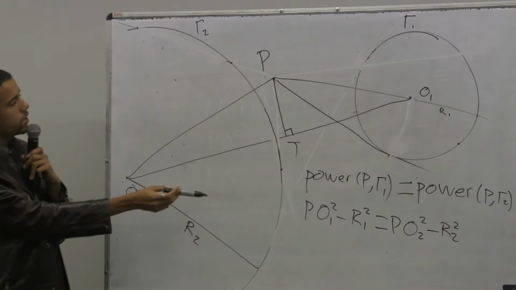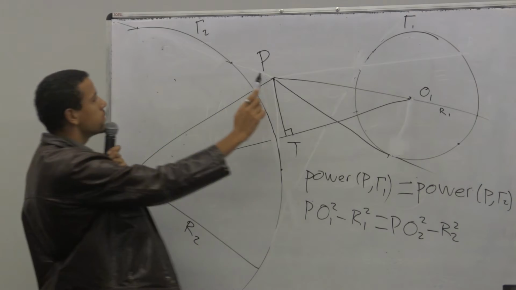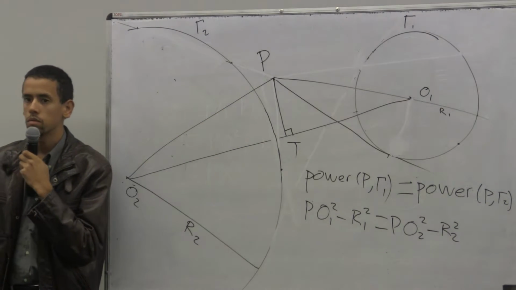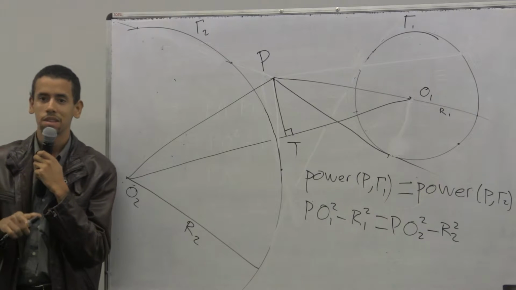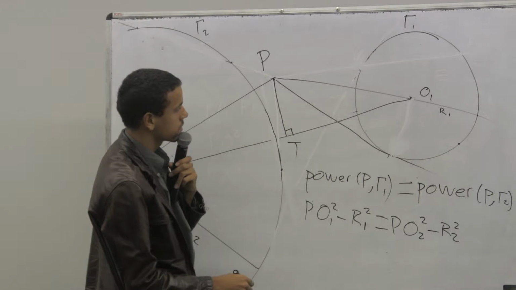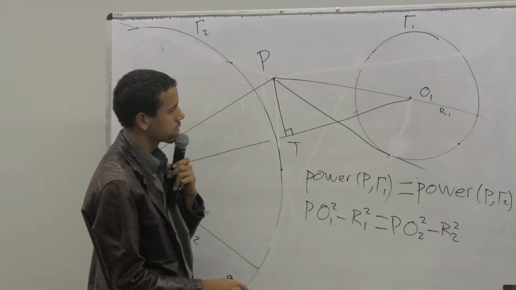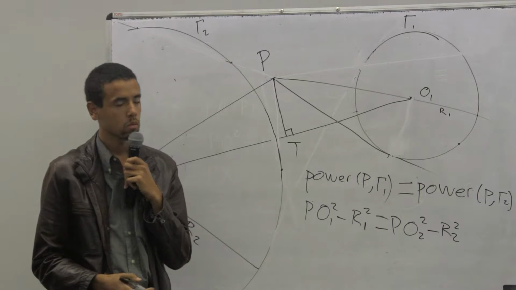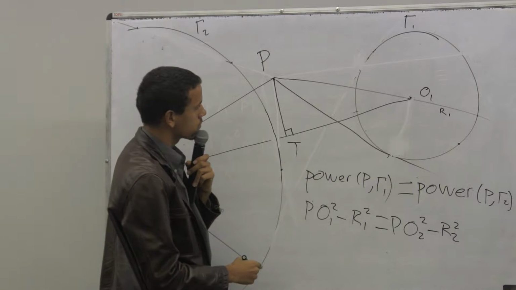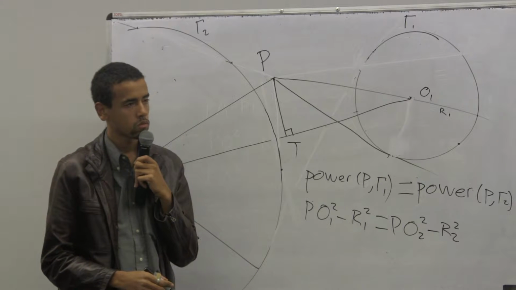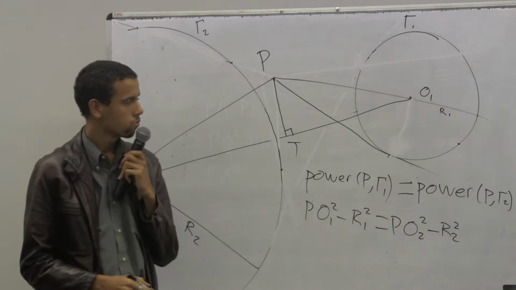We have PO1 squared and we've got the right angle triangle there. You can write two equations for PT and then equate them with Pythagoras. So PO1 squared minus TO1 squared equals PT squared, which is also equal to PO2 squared minus O2T squared.